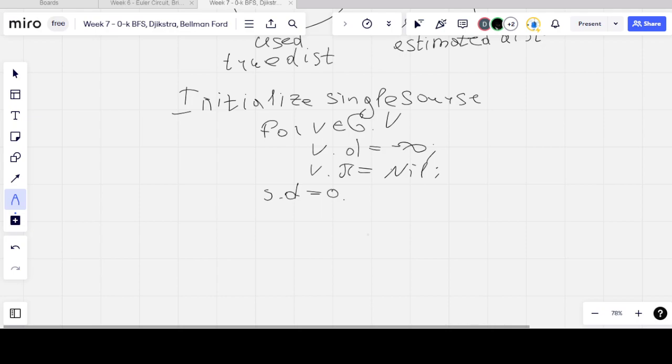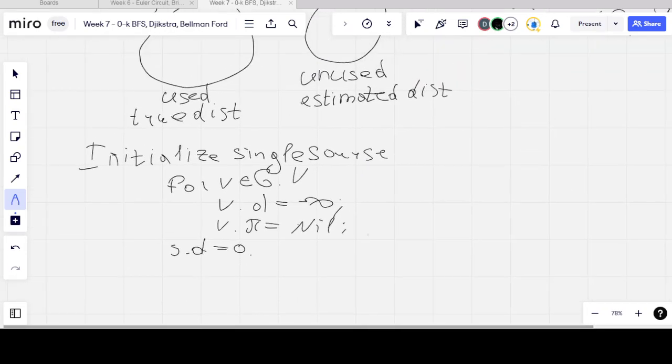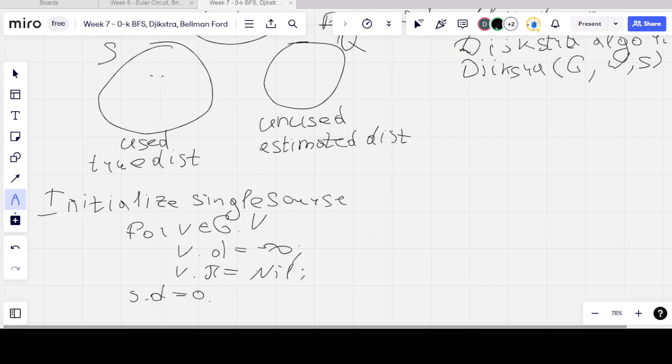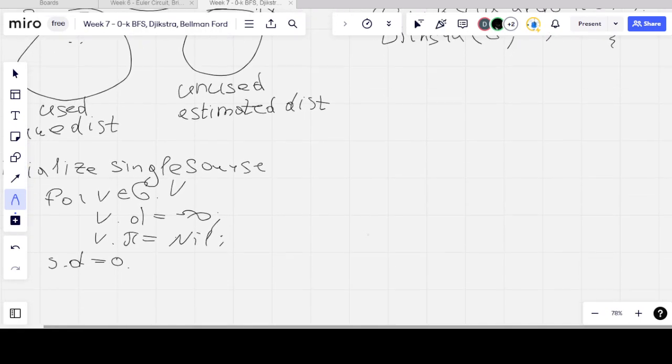We need to use this function in algorithms very often, so I just write it for you.